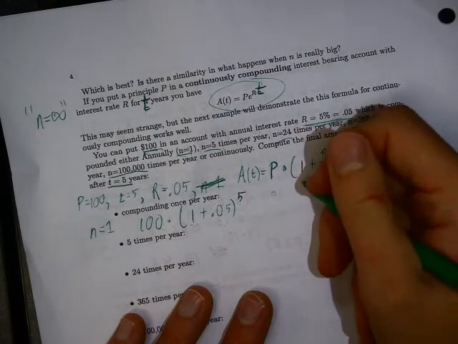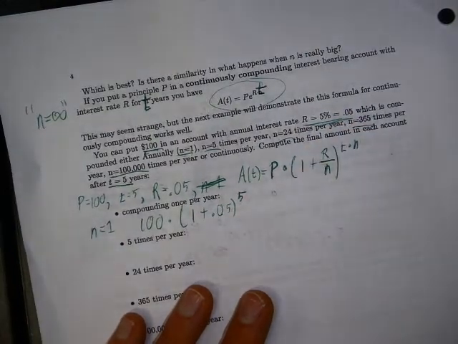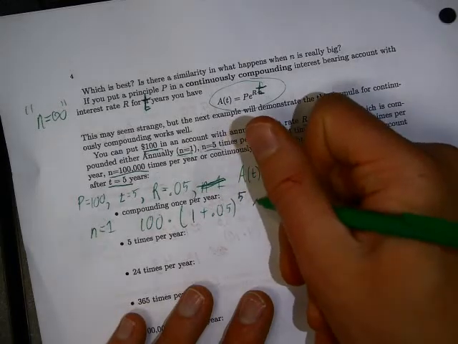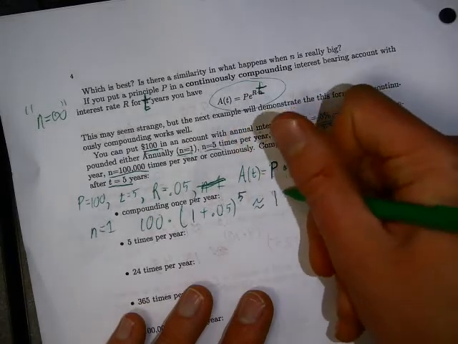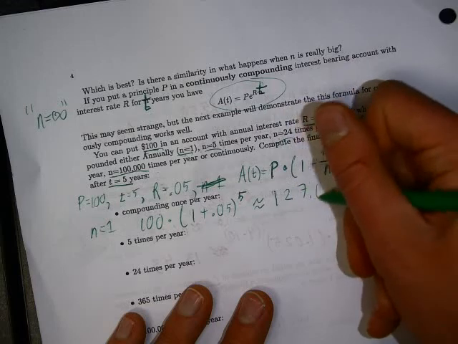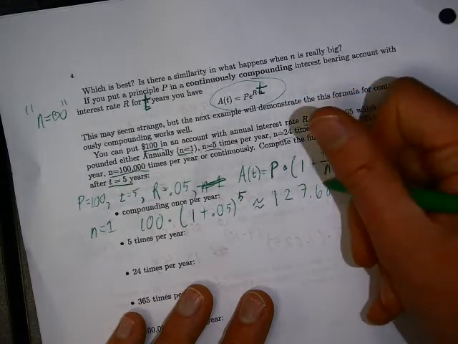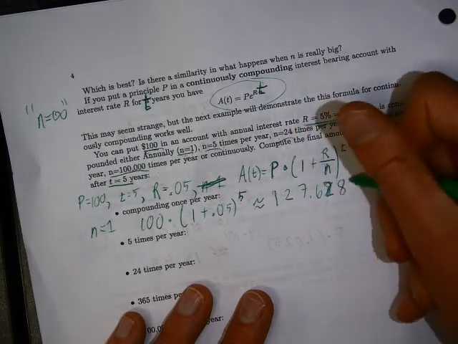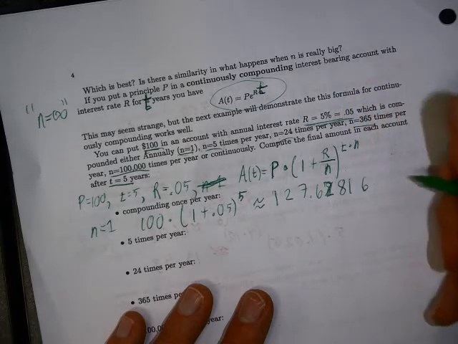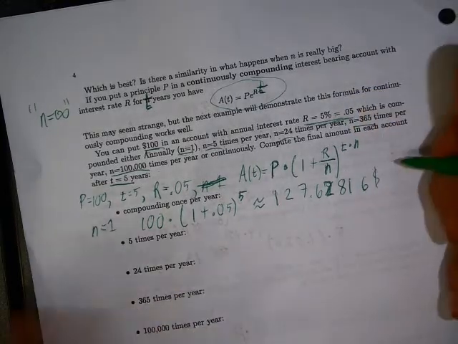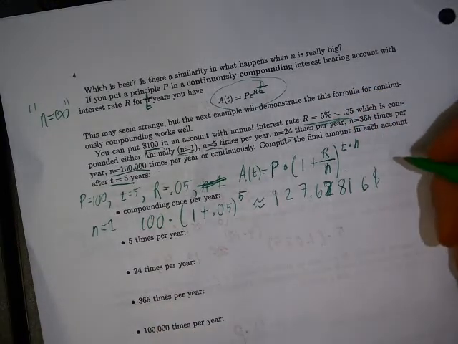Nice. And you can go ahead and do that computation. I'll just write down the result: 127.62816. And it's in dollars. All of this is in dollars.